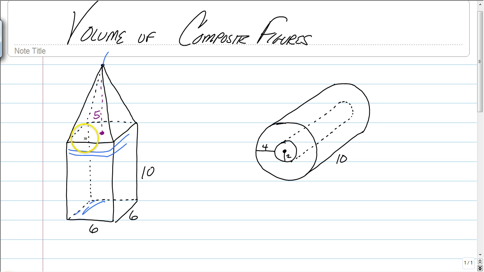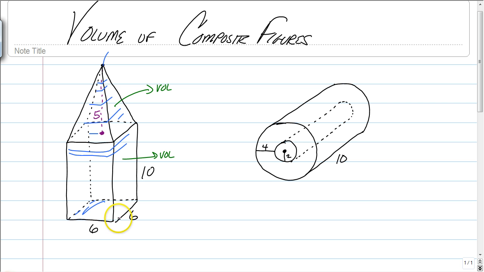And then once you get to the top of the prism, it's just going to start filling up the pyramid. So really, volume is filling something up, so you just have to find the volume of the pyramid, and you have to find the volume of the prism, and you just have to add those two numbers together, and you're done. So check it out.